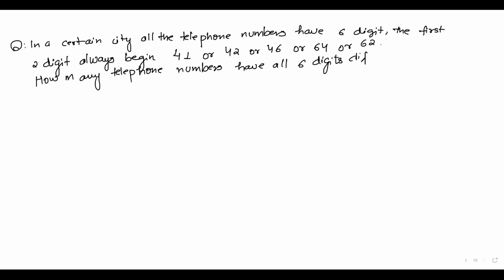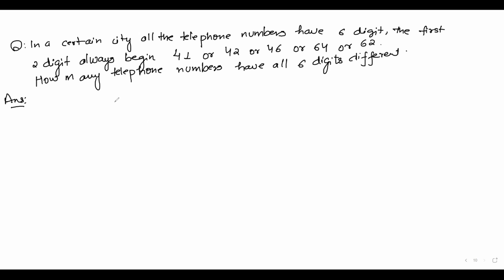Okay, and digits are given? No, sir. It's only this much. Only this question. In a certain city, all the telephone numbers have 6 digits. The first 2 always begin with 41, 42, 46, or this. How many telephone numbers have all 6 digits different?